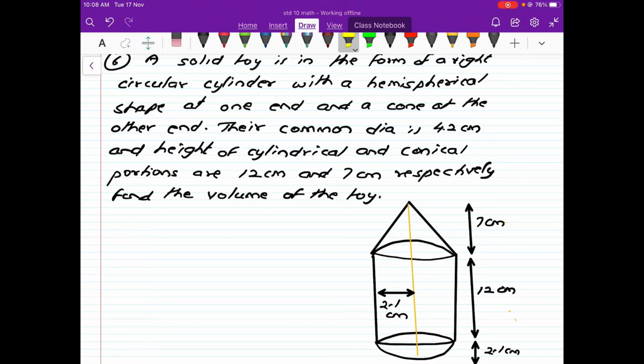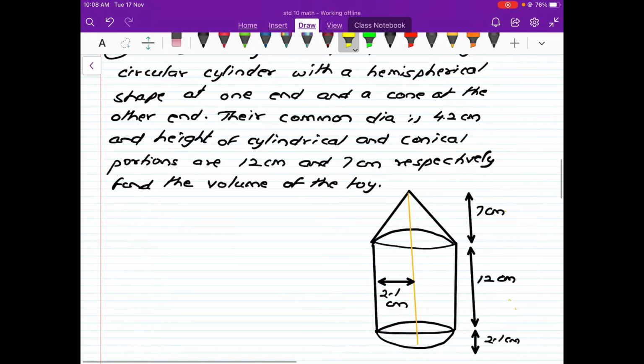Their common diameter is 4.2 and the heights of the cylindrical and the conical portions are 12 and 7 respectively. You have to find the volume of the toy. So how will we do this sum?